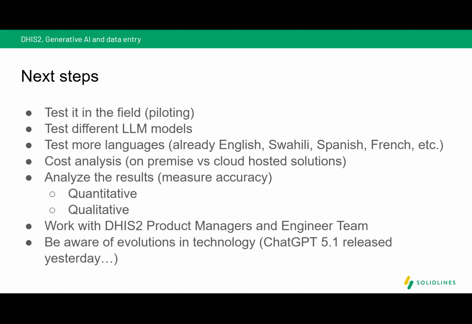We're in contact with the teams. And we need to be aware of the evolution of technology, because, for instance, ChatGPT 5 was released in the last weeks, but even ChatGPT 5.1 was released yesterday. There are changes every day in this kind of technology, and we need to adapt.